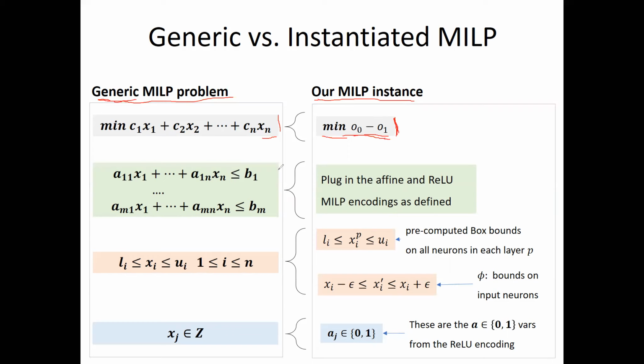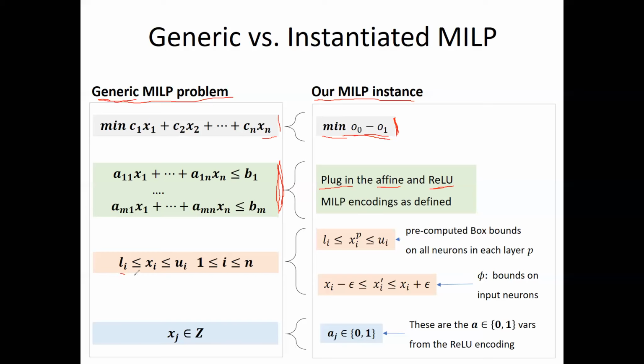Here are the constraints that restrict our solution for the values for x1 to xn. And here is where we would plug in the affine and the ReLU encodings, right? We looked at this in the previous slide. So go over your neural network and encode the affine layers and the ReLU layers, and they would correspond to these restrictions over here. So the restrictions are just how your network looks, encoding your network just like we saw before.